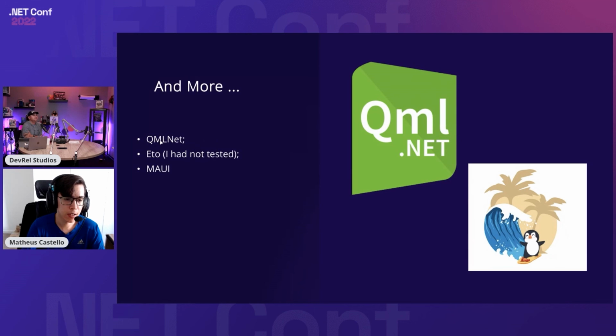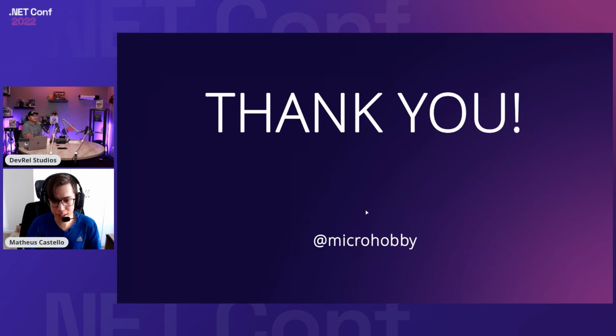Because it's very important for embedded devices to have something in the .NET ecosystem to work with Qt, because Qt is a very strong player in embedded devices. There is Eto that I have not tested, but there is a lot of cool tooling. And MAUI for Linux, that is a community port. We already have something running with the GTK Sharp backend, right? Yeah, thank you. My time ended, right?